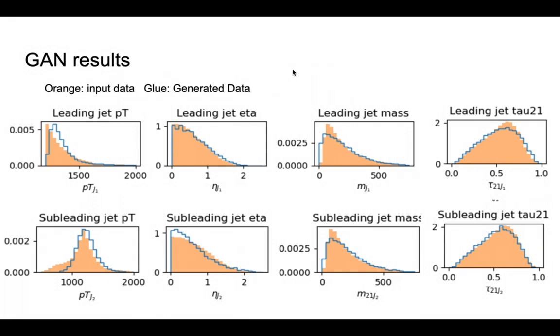What are we targeting for? The input data can be jet kinematics and the substructure variables for the leading transverse momentum jet. The information from the subleading jet is also used as input for the GAN model construction.